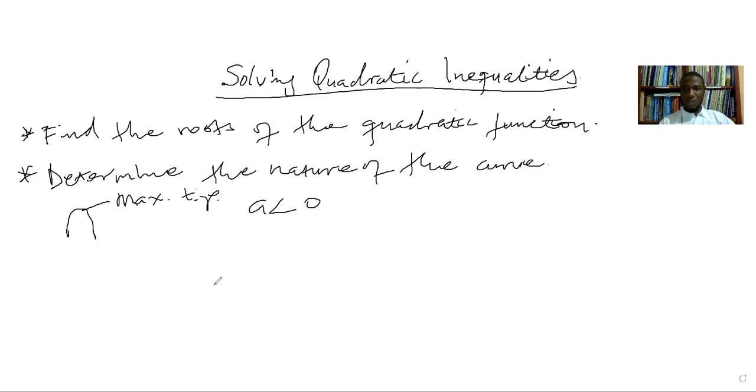The A, which is the coefficient of x squared, is negative. Or the second shape is the graph will look like a U, which means it has a minimum turning point. And here it means that the coefficient of x squared, which we are calling the A, is greater than 0.